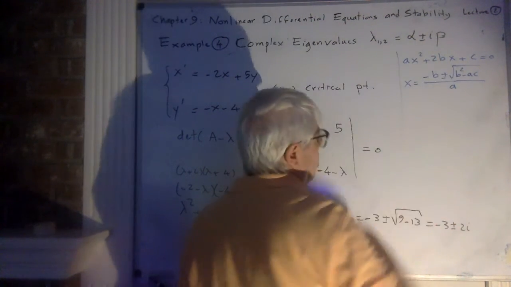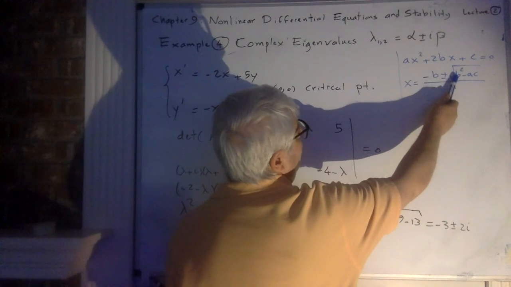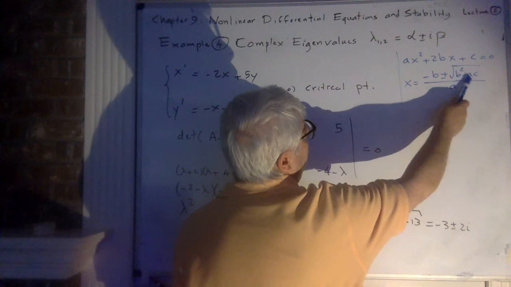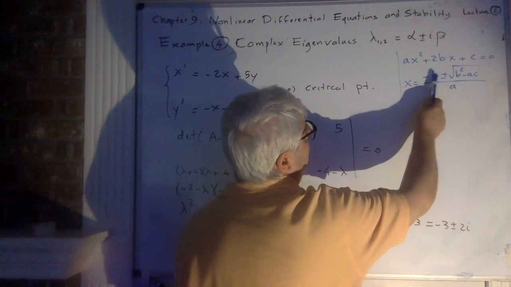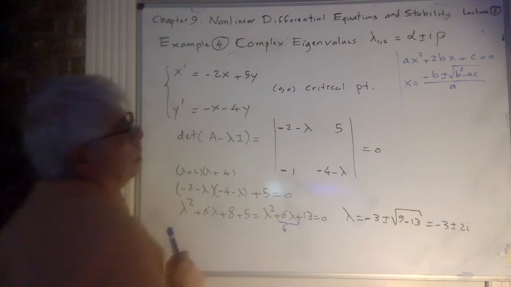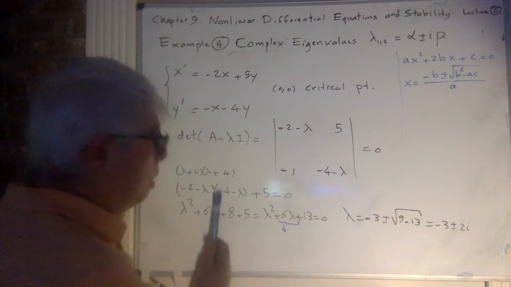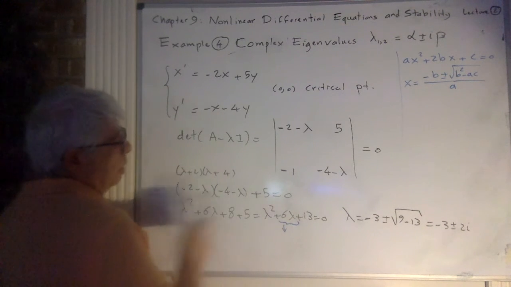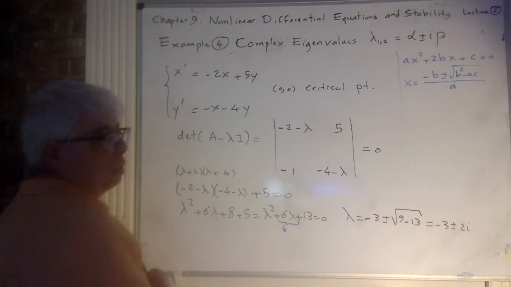Now why does this happen? Because you have a 2 here, 2b, and you have 4b squared and 4ac. So 4 comes out of the radical, you get a 2 here and a 2 here and a 2 here, and they cancel out and they give you this nice formula. It's amazingly good if you have an even number here and this is 1.